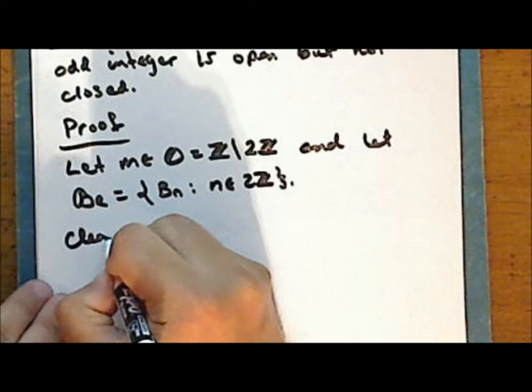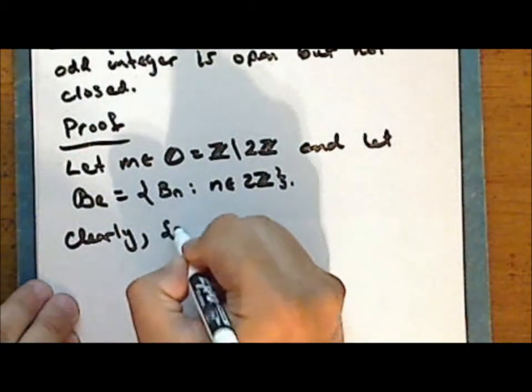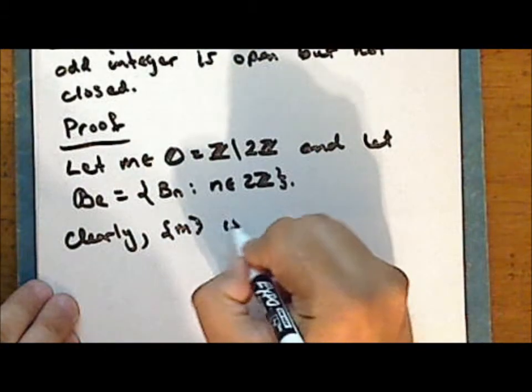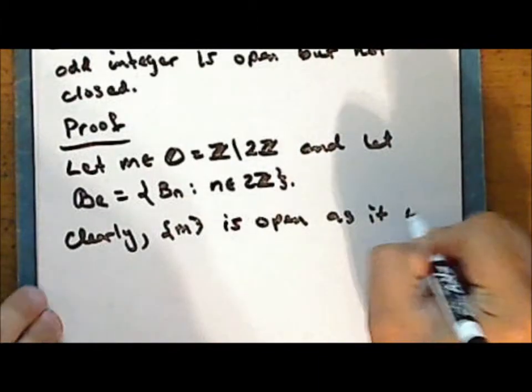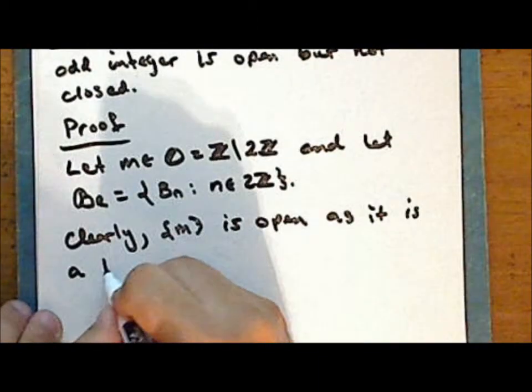And clearly, the singleton containing the odd integer m is open, as it is a basic open set.